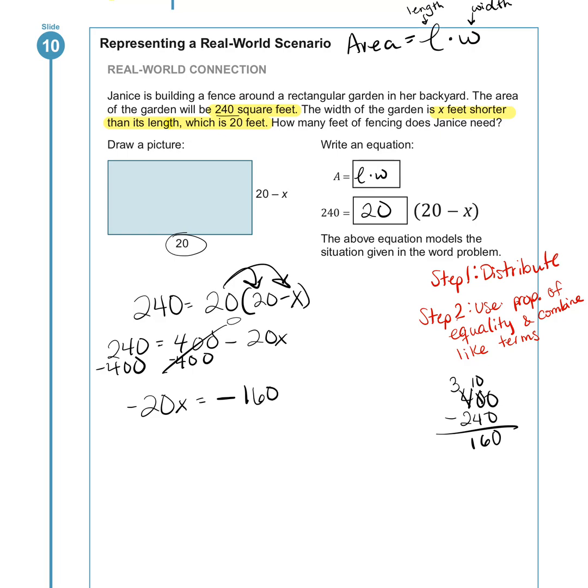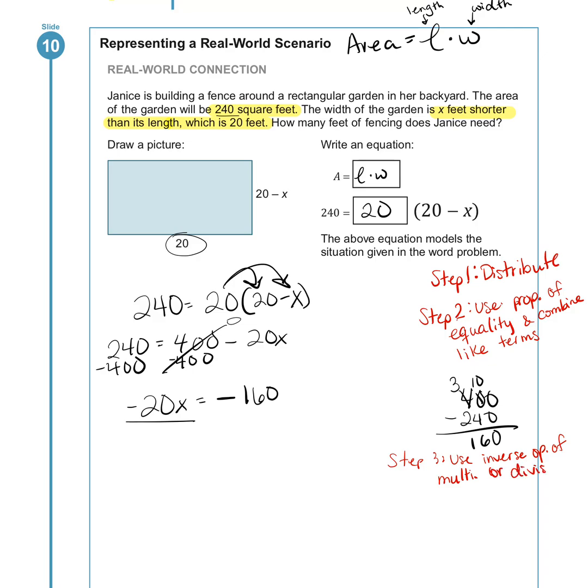Right? I'm going to go ahead and use my, let's go ahead and write step 3, which is use inverse operation, inverse op of the multiplication, or division, right?